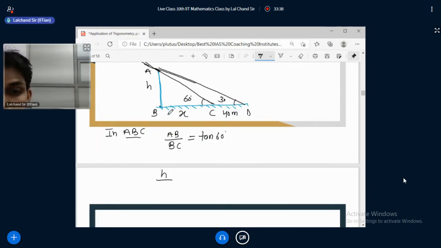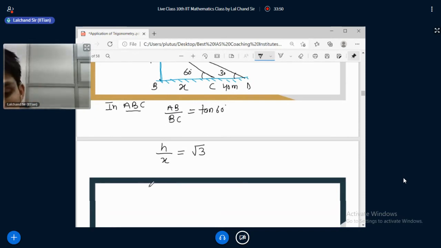And what is the value of BC? That is X unit. Okay, and what is the value of tan 60 degrees? That is root 3. So if we cross multiply from this equation, we have H equal to X root 3, or we can write the value of X equal to H by root 3. These two results are possible from this equation.